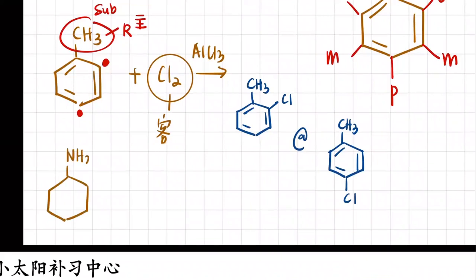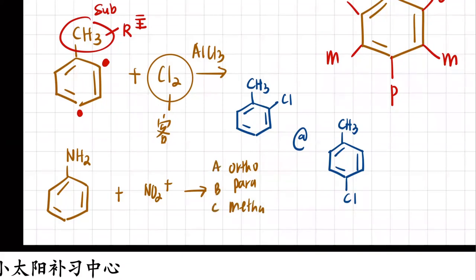Okay, for example, this one. Directly like this, simple. So do you think it will go to ortho, para, or meta? This is A, this is B, this is C. Which one do you think the newcomer will go to?